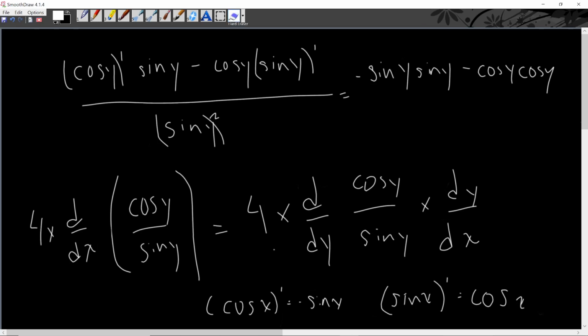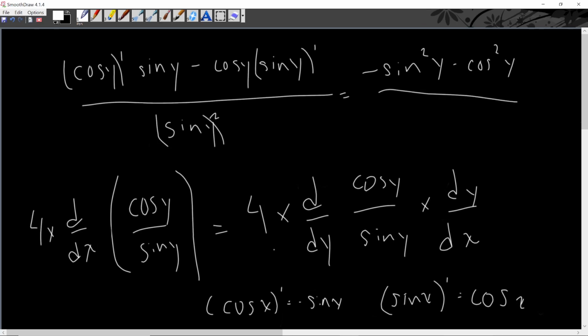And from here, negative sine times sine is going to be negative sine squared. Negative cosine times cosine is going to be negative cosine squared. So negative sine squared y minus cosine squared y, all over sine squared y.